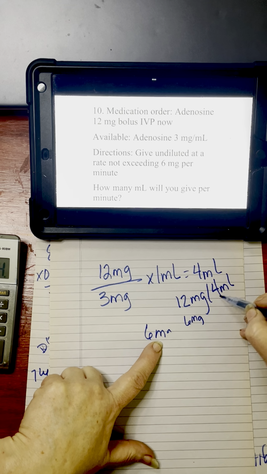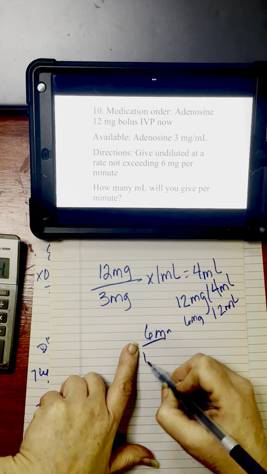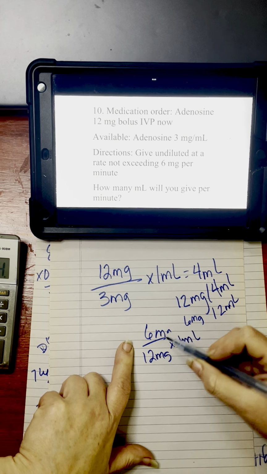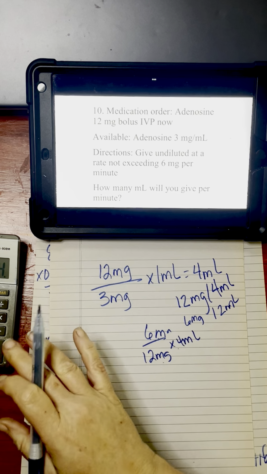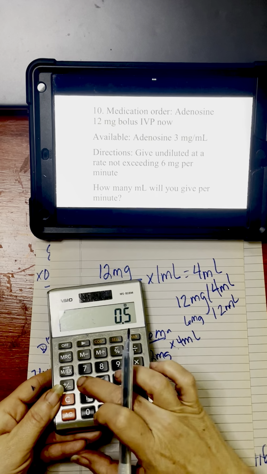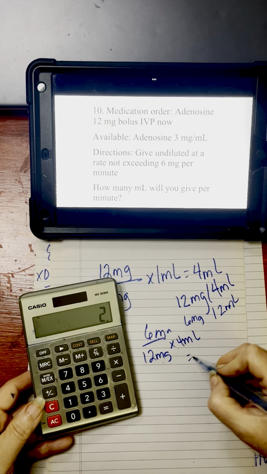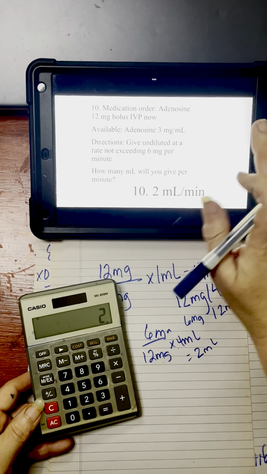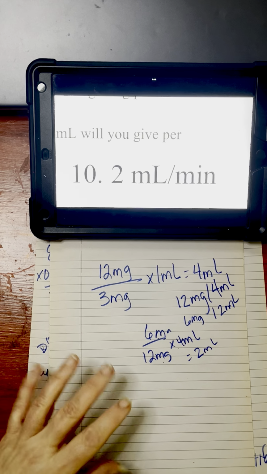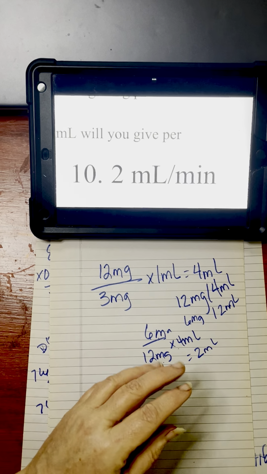And so half of the 4 milliliters will be 2 milliliters. But let's do it like this. 6 divided by 12 times 4 equals 2 mLs. That's what you're going to have to give him. Look, sure enough, that's what you're going to give him.